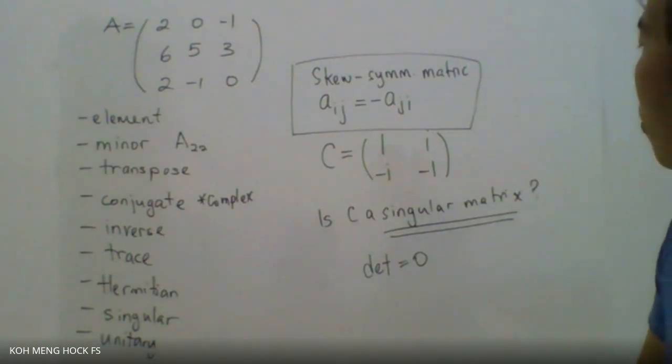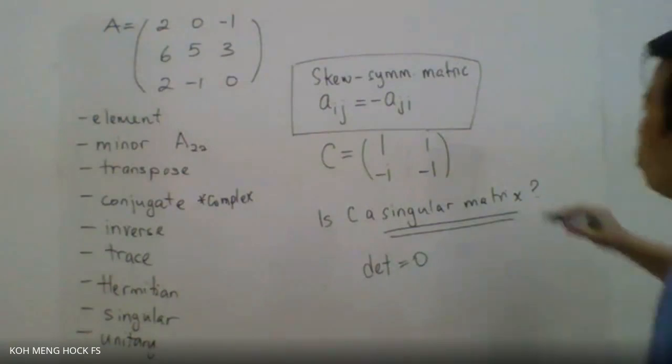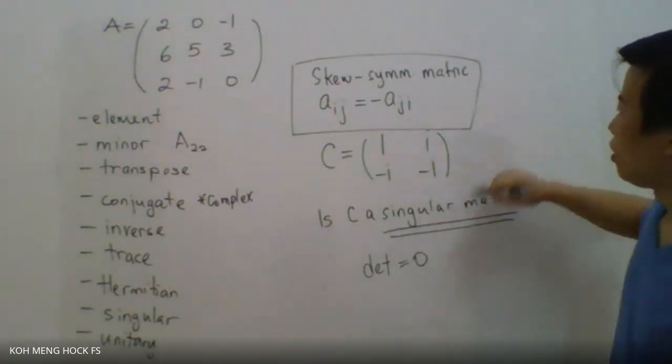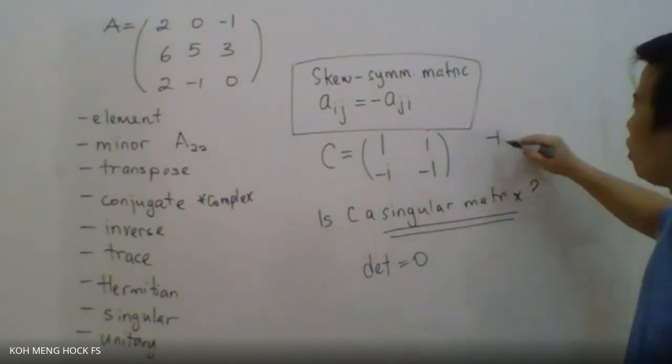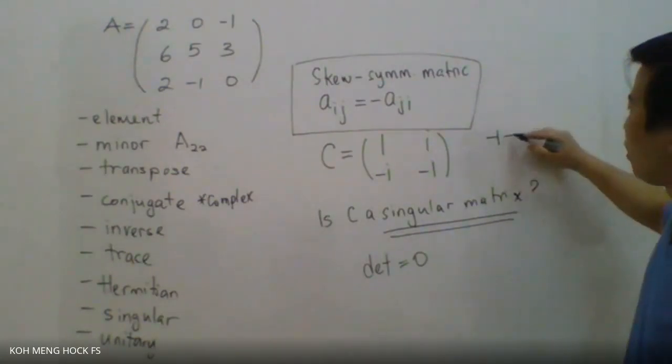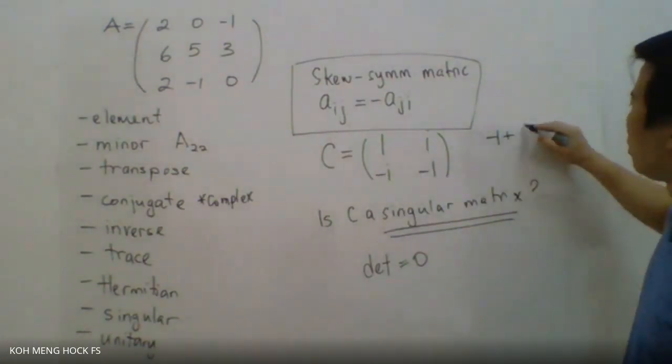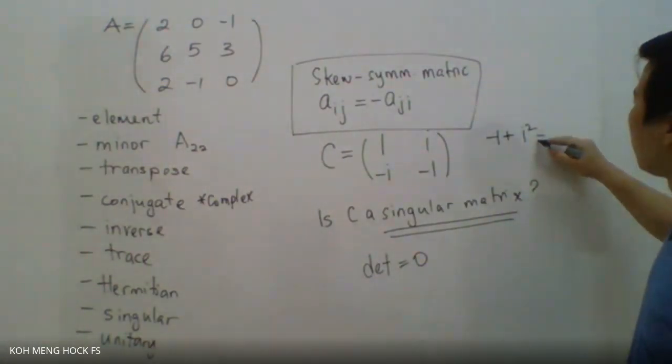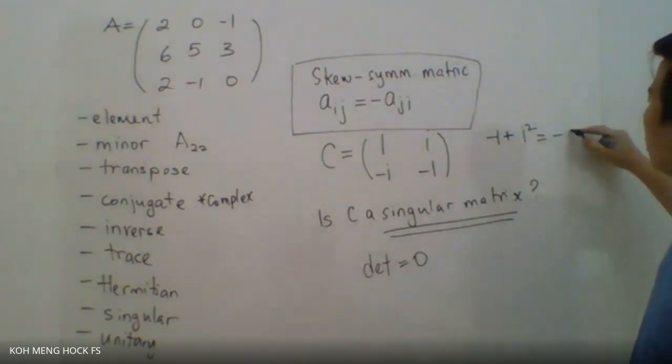Let's see. So here you have -1, and then here you have minus, but plus i squared, minus 2.